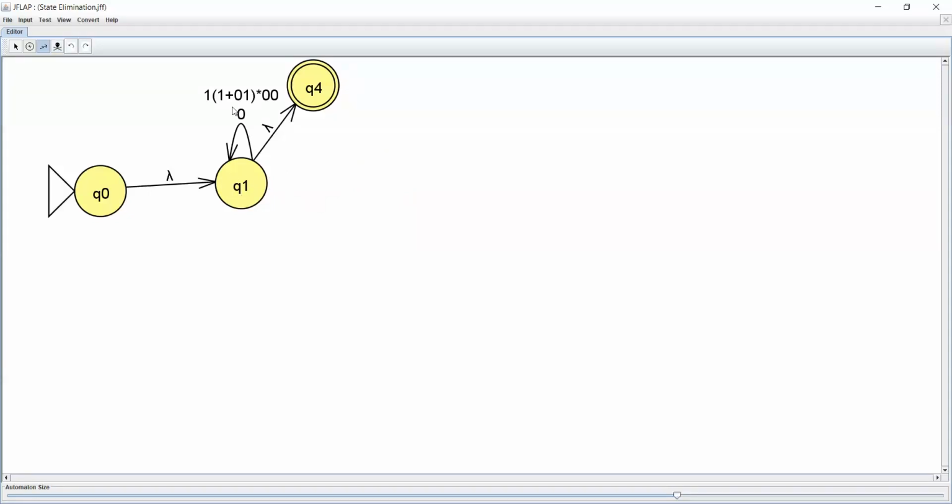Now from this, I can do the union of these two. When I do the union of these two, what is the answer I am going to get? Now I will get a new transition.